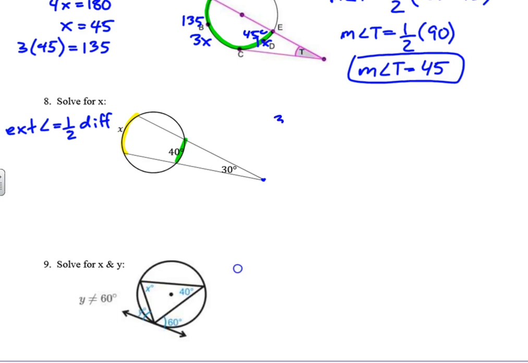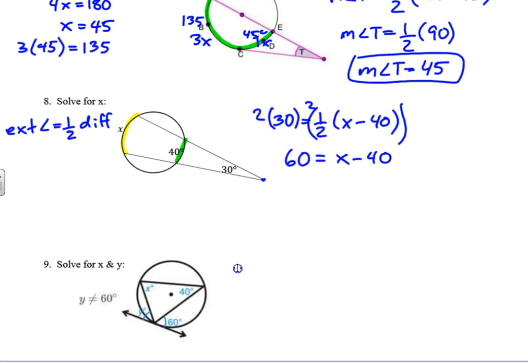So our exterior angle, 30, equals 1/2 the larger arc minus the smaller arc. Again, with our algebra, we're going to multiply by 2. So we get 60 equals x minus 40. Add the 40, 100 equals x. And it gives us a little bit of confidence because that arc is in fact bigger than the green arc, which we're expecting it to be.